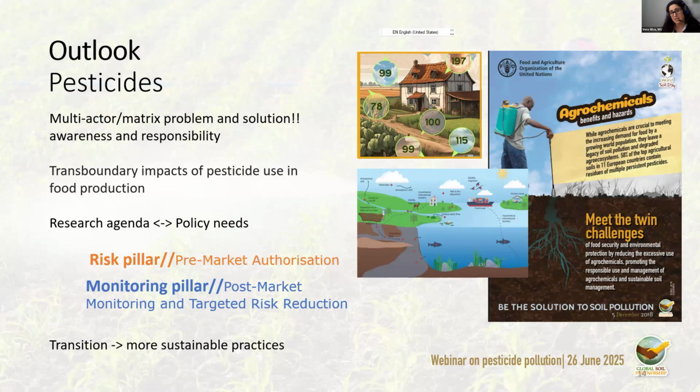And this monitoring is a key aspect. And I'm very happy that now in Europe we have the soil monitoring law. And I hope that soon I'm presenting these results with more African regulation as well. And last, obviously, I hope that all of this triggers discussion and actions around transition and more sustainable practices for soils and in general.